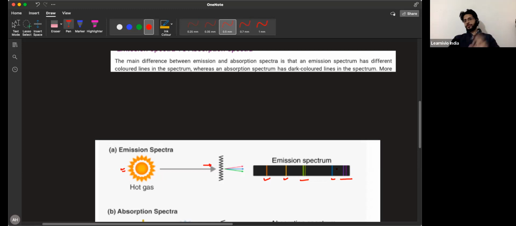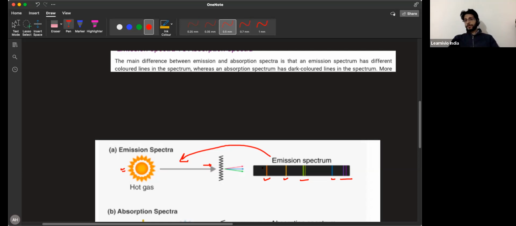Black means absence of any color. This spectrum is a signature for a particular type of gas. We call this a line spectrum because you can see lines of different colors, and in between the lines you have black, meaning no emitted radiation for that range. So that's the emission spectrum.